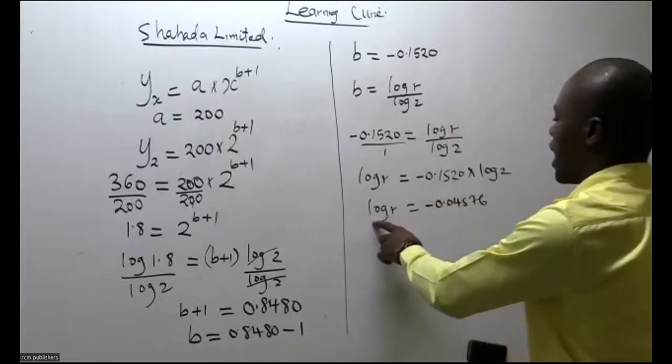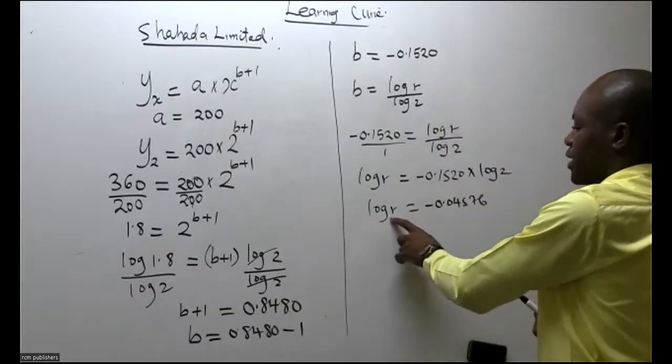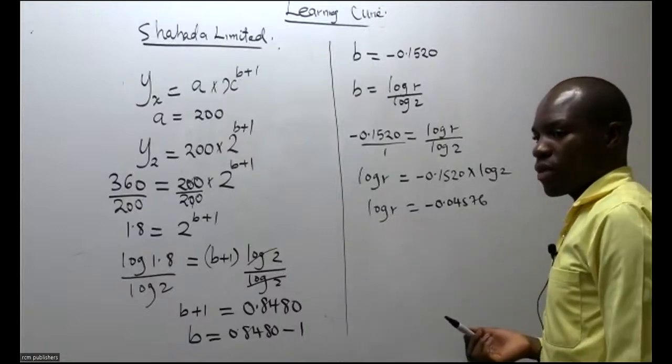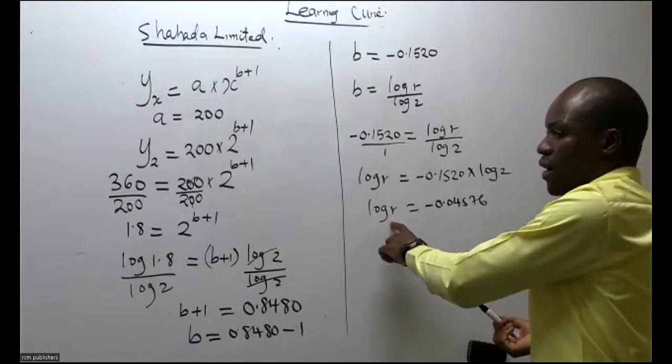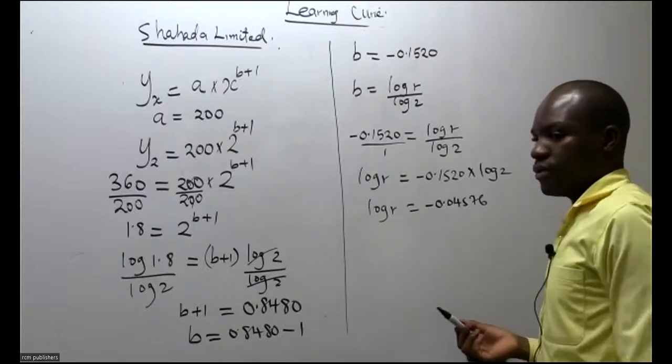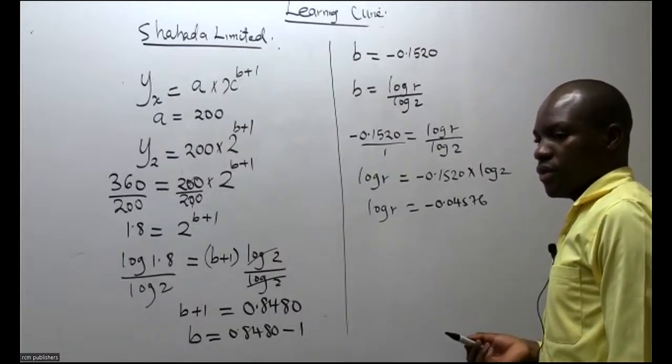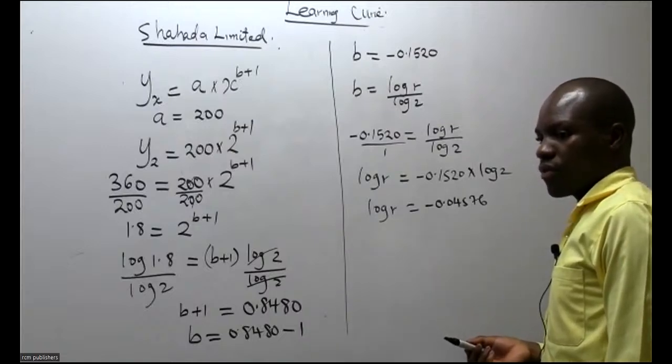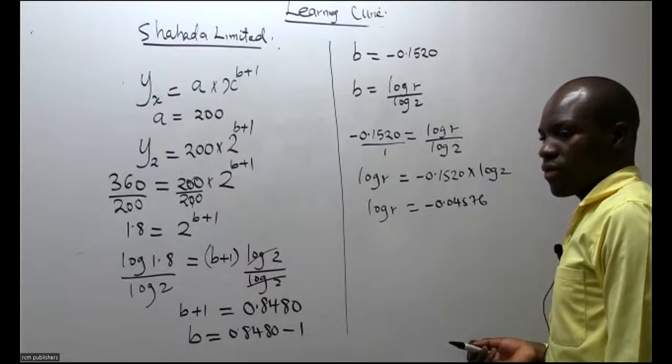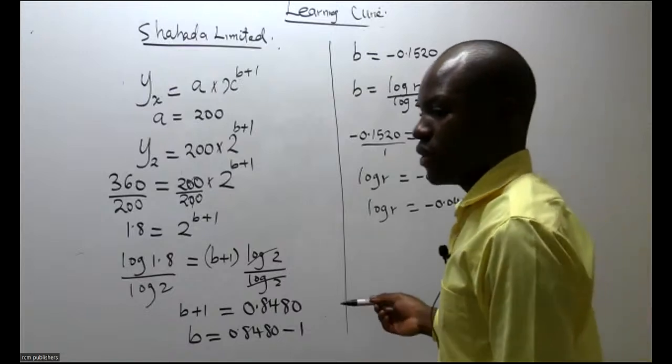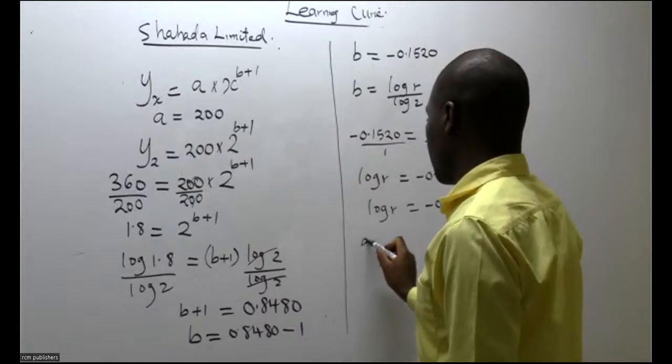I have log R equal to this, and I want to get R. If I want to get R now, not log R, what do I do? I need to get the anti-log. Just get the anti-log.